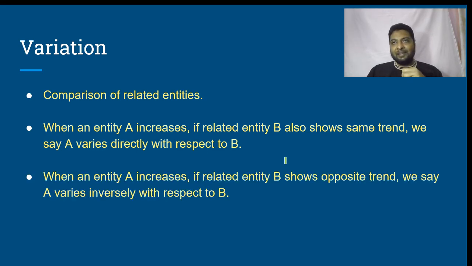If the entities are such that when A increases, a related entity B decreases, and when A decreases, the related entity B increases, then such a type of variation is called inverse variation. Here we say A varies inversely with respect to B.